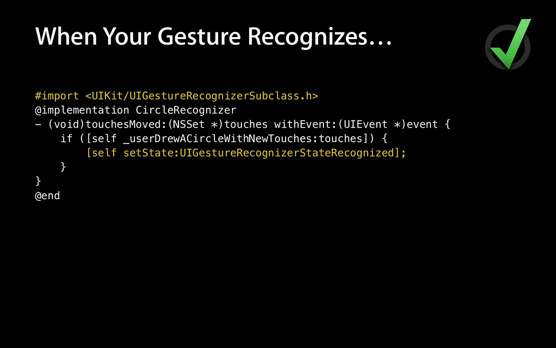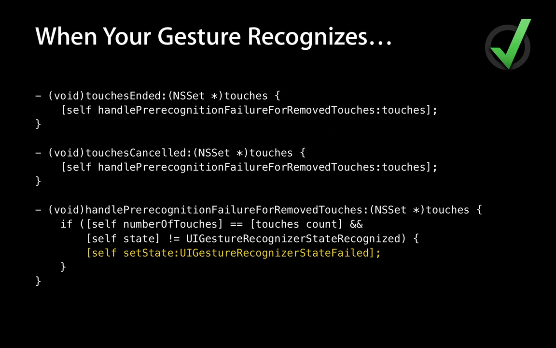But actually, we aren't done yet, because we told the system when the user has drawn a circle, but we haven't explained to the system when exactly it is impossible that what the user is doing presently is a circle. In particular, what if the user lifts all his fingers and he hasn't drawn a circle yet? Or what if he's drawing with his fingers and it turns into the system crumple gesture?